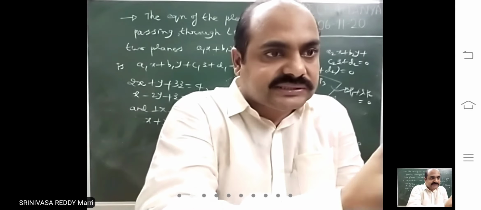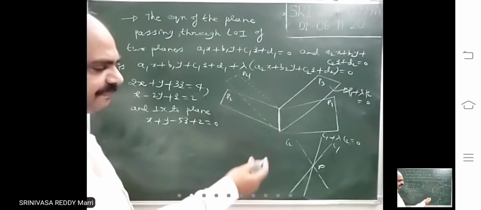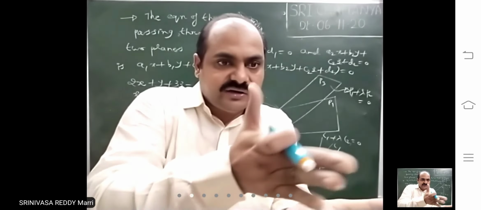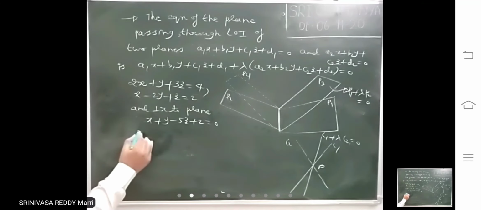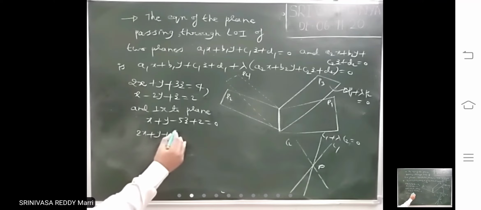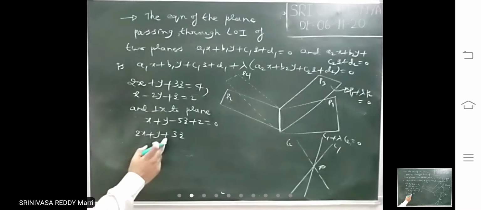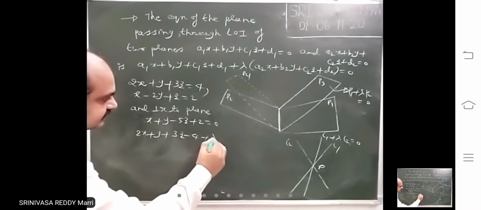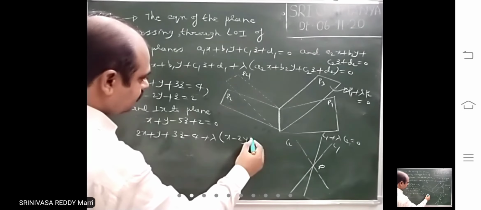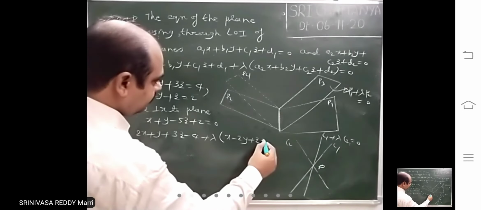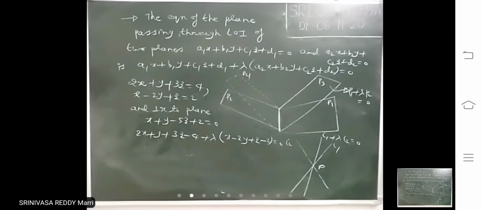That plane equation will be of the form P1 plus lambda P2 equal to 0.